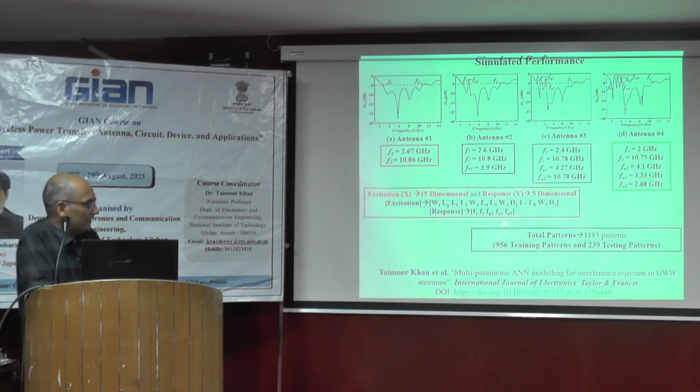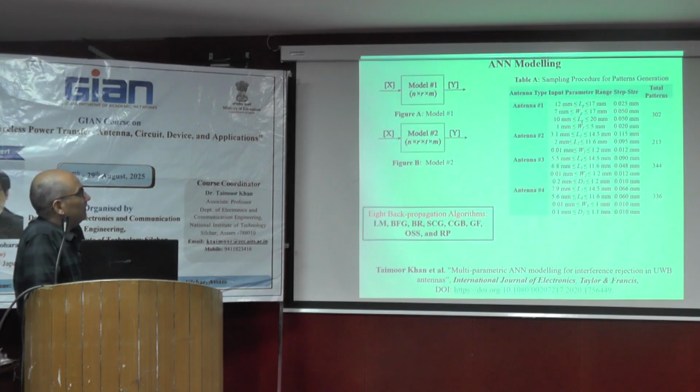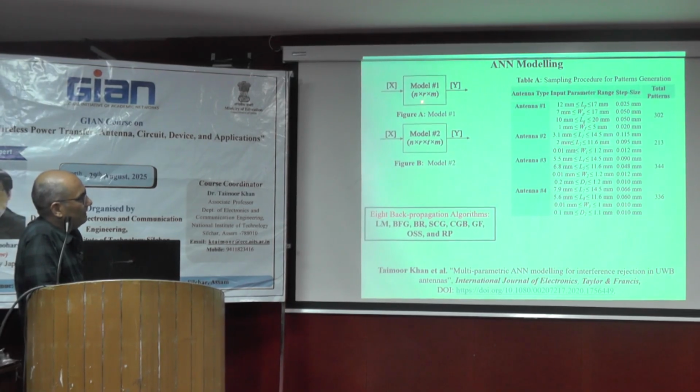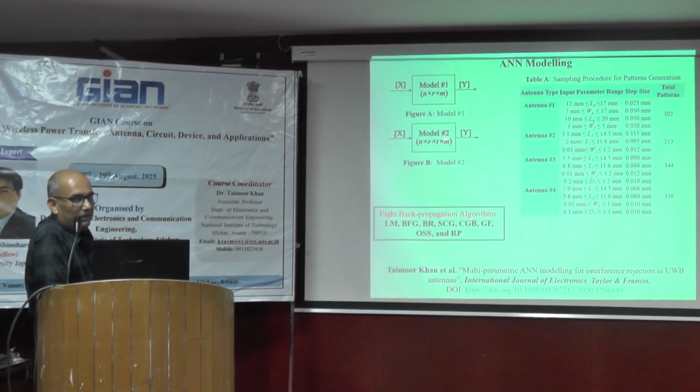In that way a total of 1195 patterns are generated, out of which 956 patterns are used during training and 239 during testing. Two models, model 1 and model 2: one has a single hidden layer, the second has 2 hidden layers. How the performance changes with different numbers of neurons in the hidden layers in the 2 cases, we'll see later.